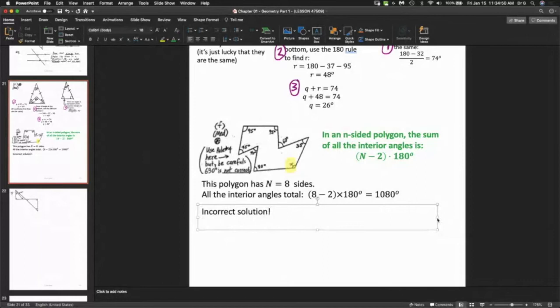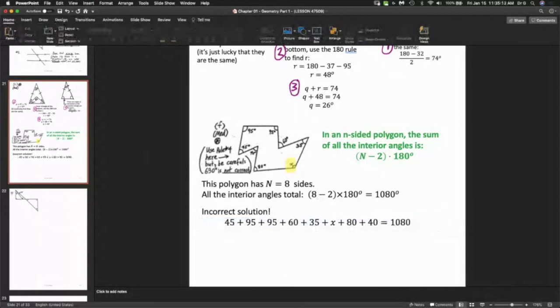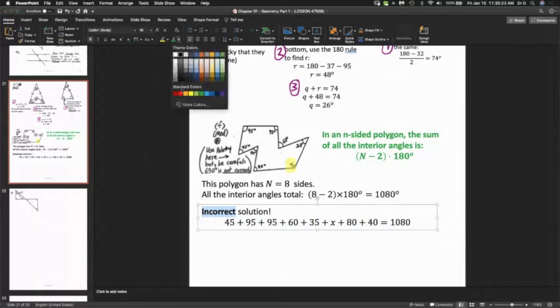The incorrect solution is to do the following. 45 plus 95 plus 95 plus 60 plus 35 plus x plus 80 plus 40 equals 1080. Let me know in the chat why this is the incorrect solution. Why is that incorrect?